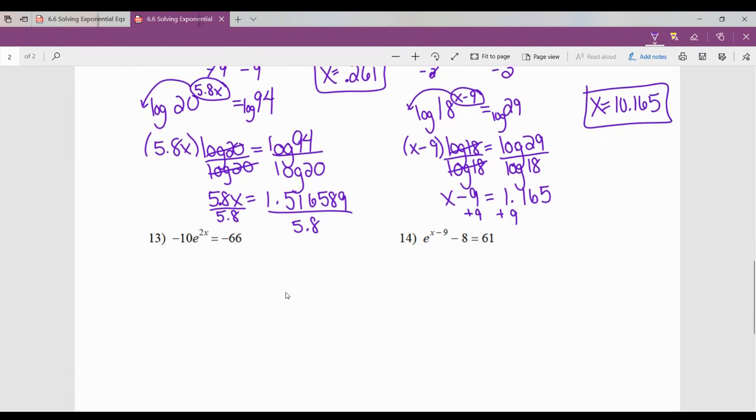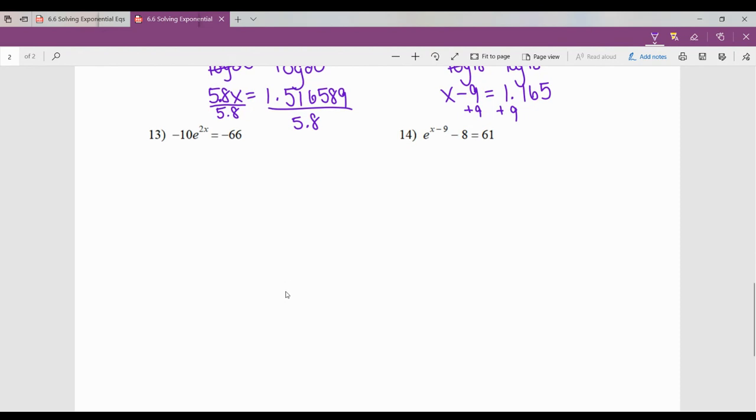Okay, last two. And the last two are special ones. They have e. So first thing we're going to do is get rid of the things that are outside of that exponent and base. So we divide by -10. So we get e to the 2x equals -66 divided by -10, which is 6.6.